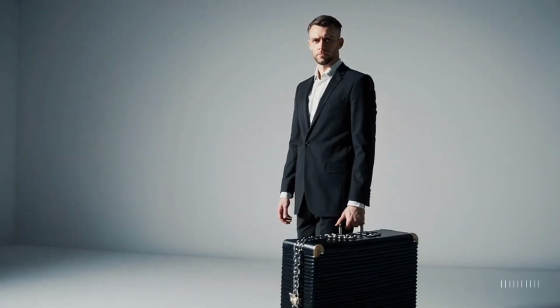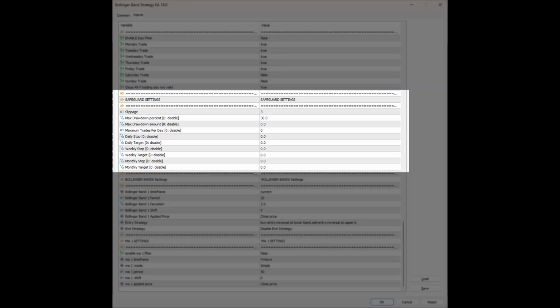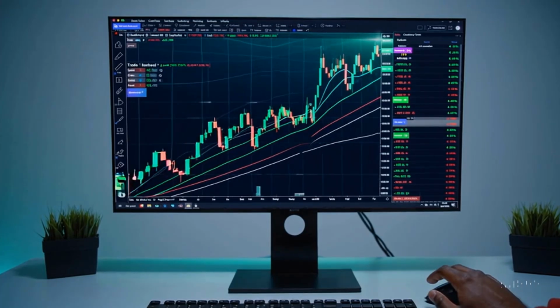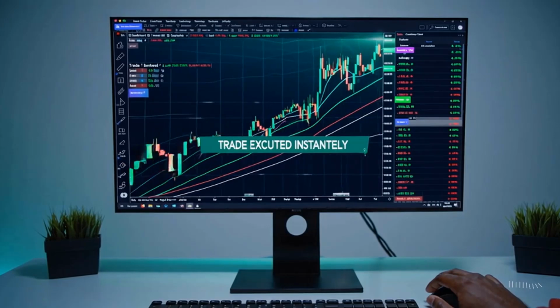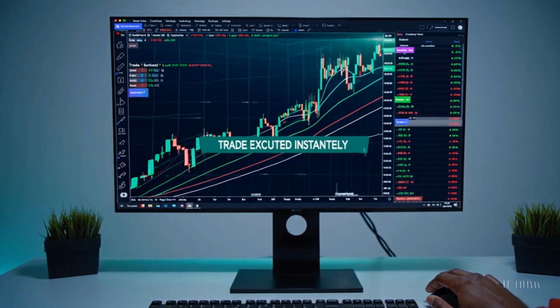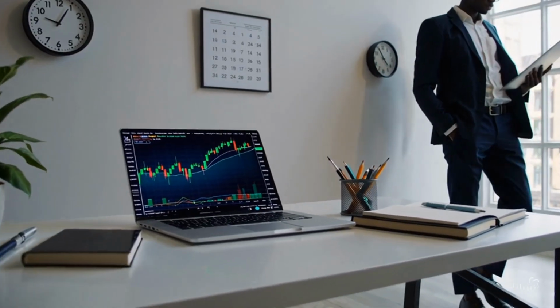Drawdown protection. Safeguard your account with settings that stop trading if drawdowns exceed your limits. Spread and slippage filters. Ensure trades are executed only under optimal conditions. Efficient, non-lagging indicators. The EA uses advanced indicators that deliver real-time accurate signals. Day and time filters.